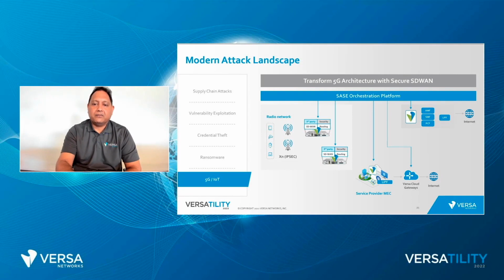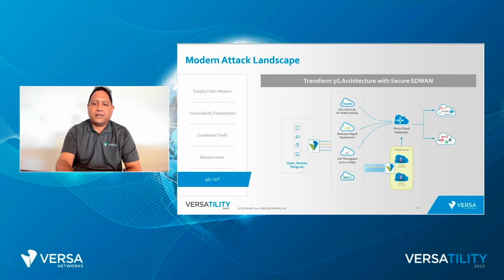And we also discussed one scenario where, in current enterprise networks, the underlay transport mechanisms available today are MPLS, broadband internet, and 5G and 4G LTE networks. In addition to this, we also have the 5G access layer.